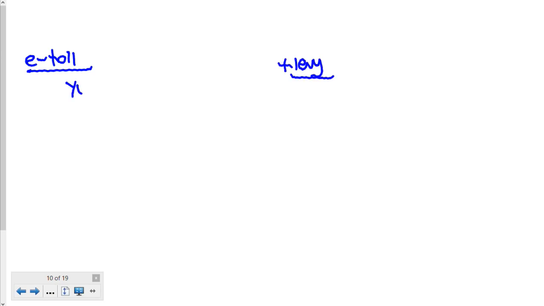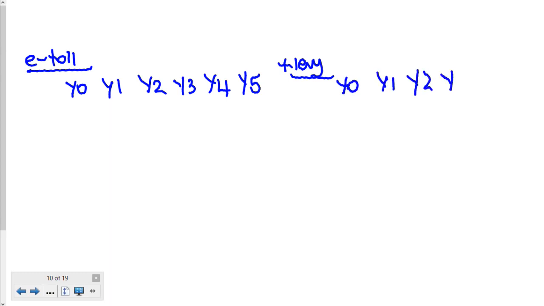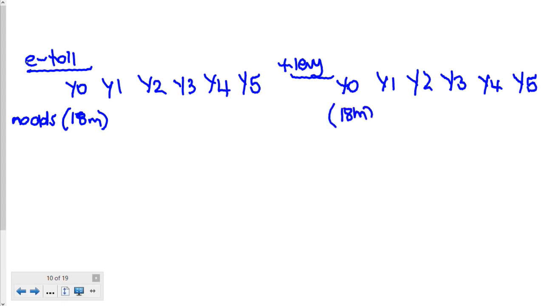And then you're going to have from year 0 all the way to year 5 for both of them, right? Year 0 all the way to year 5. Then you're going to start off in each one with trying to recover the roads cost, which is 18 million. Do you agree? That's what I'm trying to recover in each case, is the 18 million.